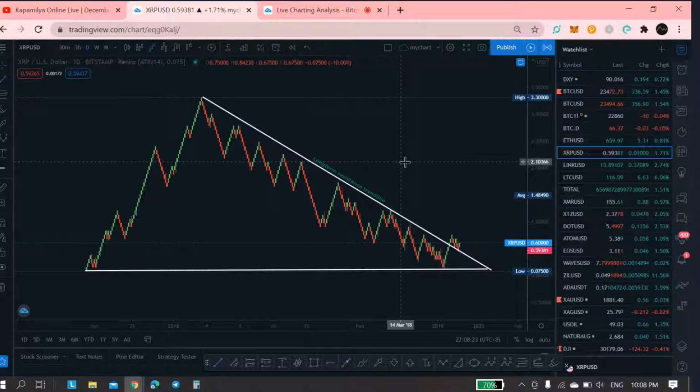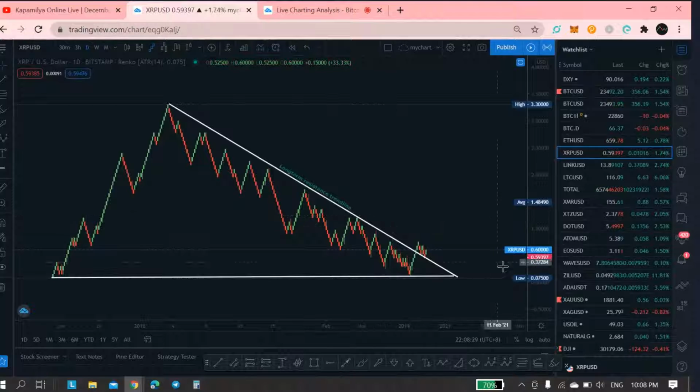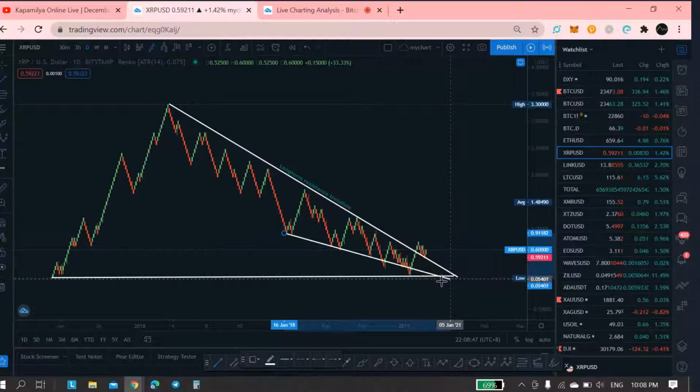So once it broke that, of course, I'll be more bullish on it. Most of my positions are here. I'm accumulating XRP, to be honest, at this area, because for me, it's already at a very cheap price versus the other alts.